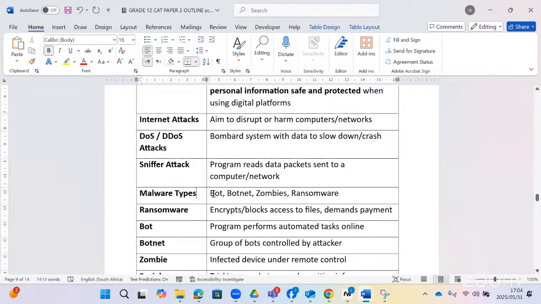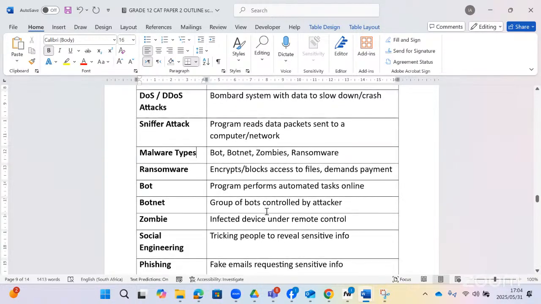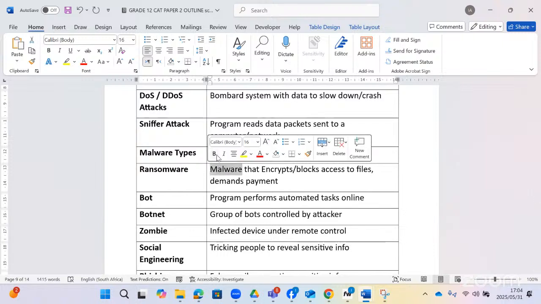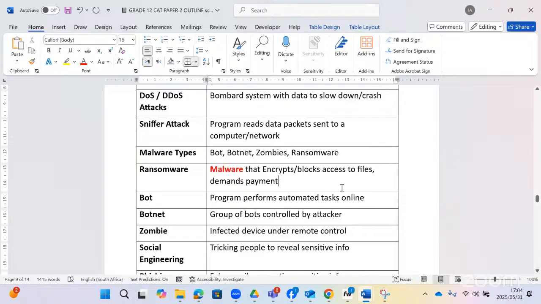Examples are the botnet, the zombie, the ransomware. You must know their definitions. Ransomware is a malware. When you are defining, you must start by saying malware. What does it do? It encrypts or blocks access to your files, and then they demand payment.